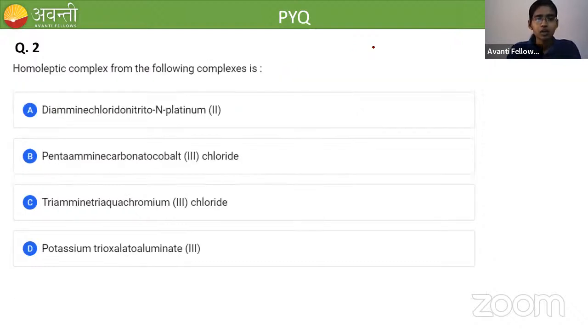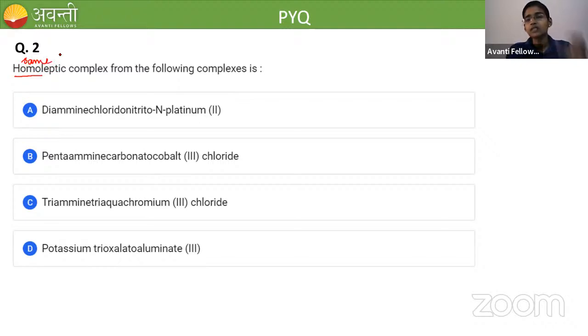The homoleptic complex from the following complexes is. Four options are given to you. We have two different types of complex: one is called homoleptic and the other is called heteroleptic. What is the difference? Homo means same.